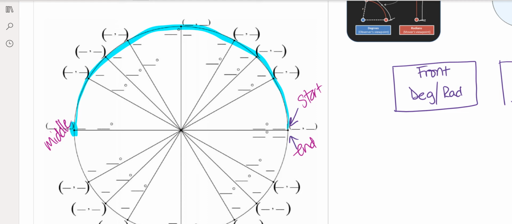The middle of the circle. The middle of the circle is right here. Oh. So middle of what? So the y-intercept, like the actual middle of the circle. You're saying right here? Yeah. The center of the circle?